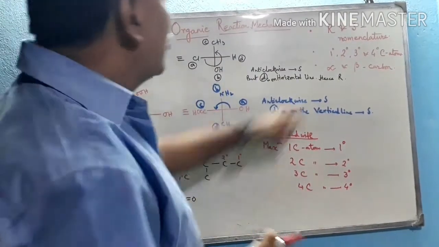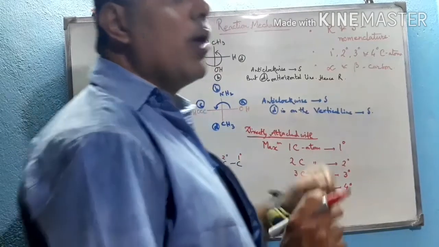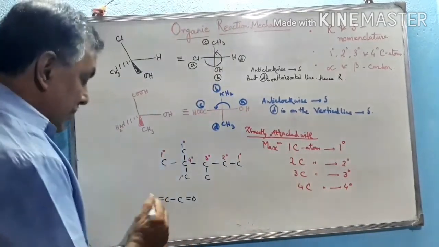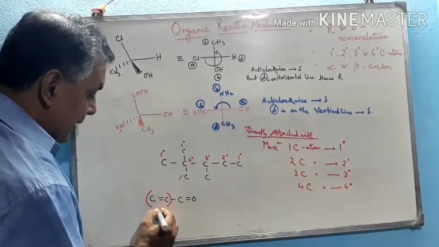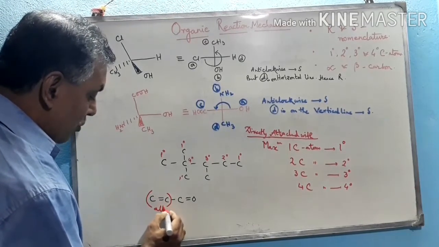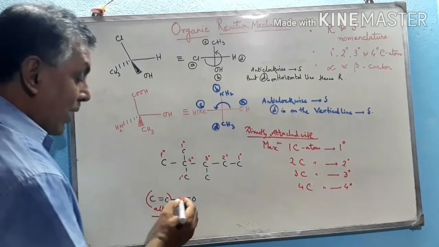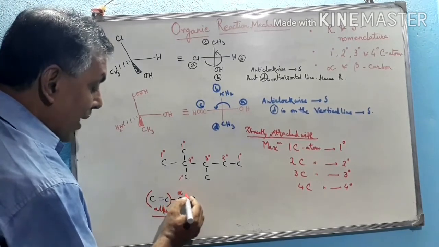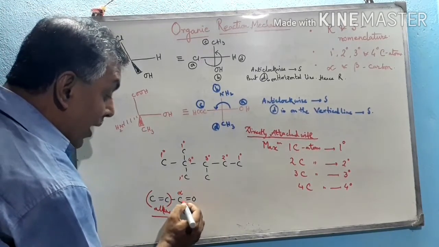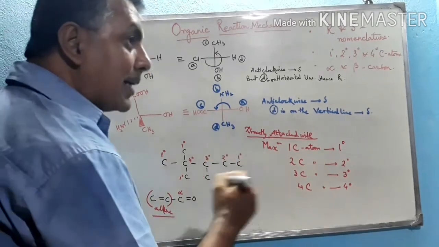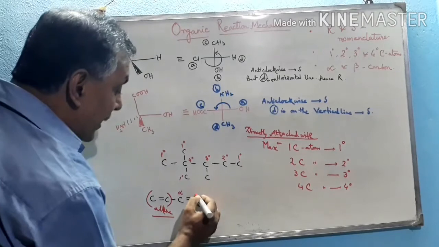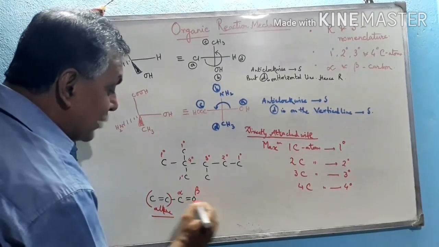Now we want to see alpha and beta carbon. So see this is the double bonded position. This is the alkene system. If we want, with respect to this alkene, which one is alpha? Directly attached carbon is alpha, and the carbon or oxygen or nitrogen, whatever may be attached with that atom, is called the beta atom. So here alpha beta unsaturation occurs.